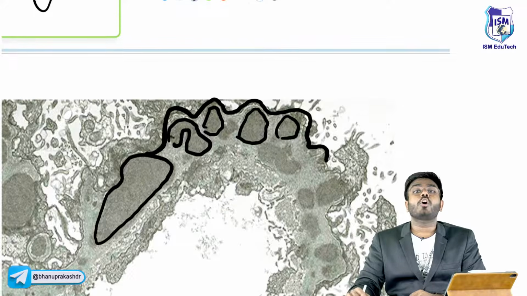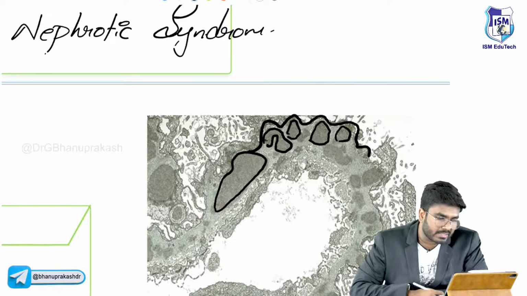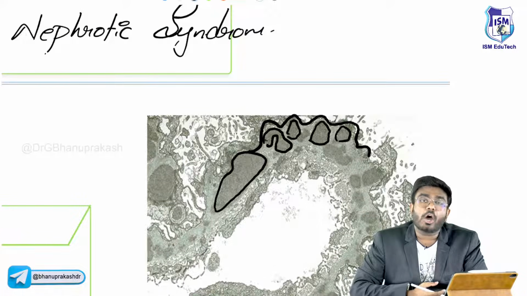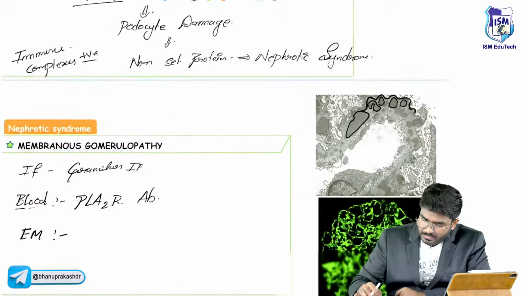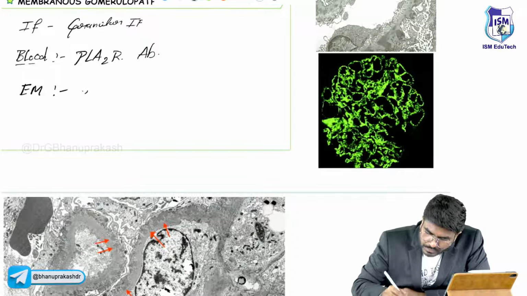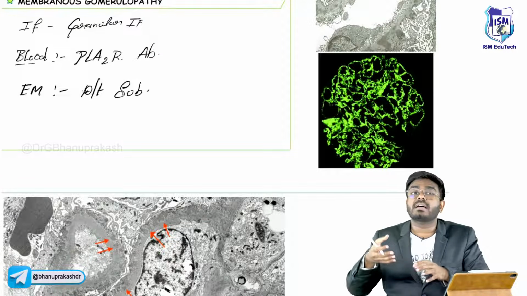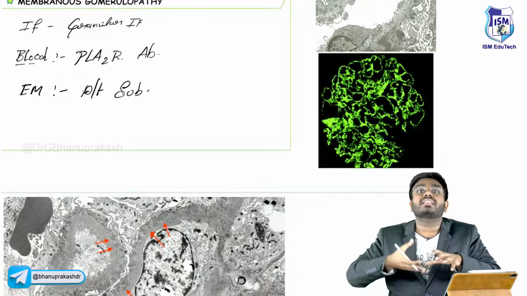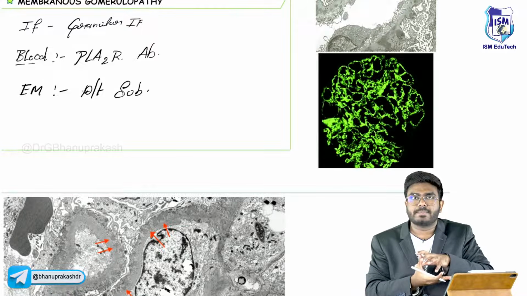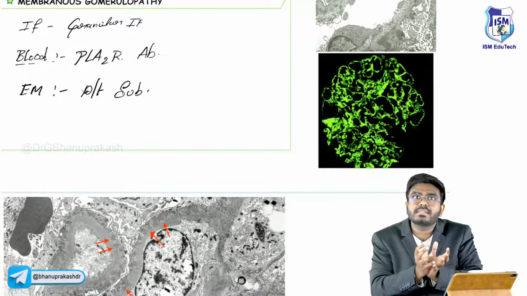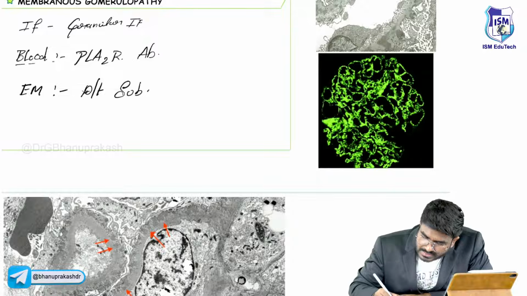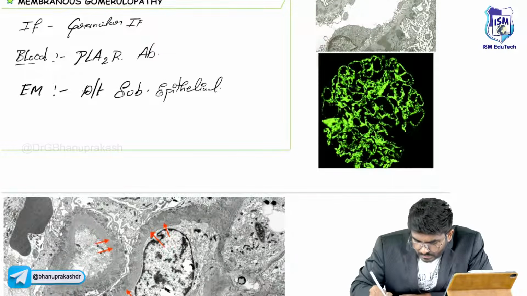This is a spike and dome pattern, due to deposition of these immune complexes, due to subepithelial deposits. The deposits go and deposit under the epithelial cells, the podocytes. So there will be subepithelial immune complex deposits.